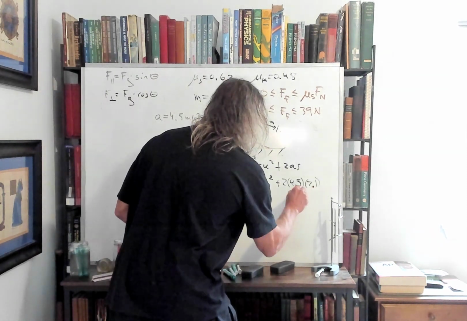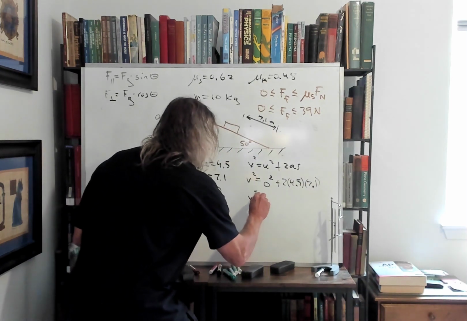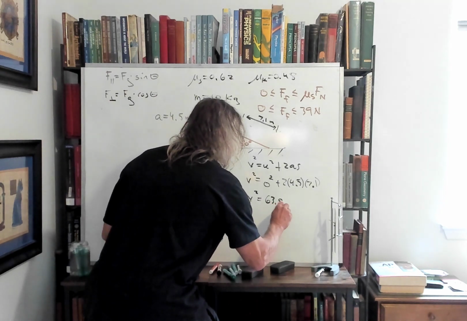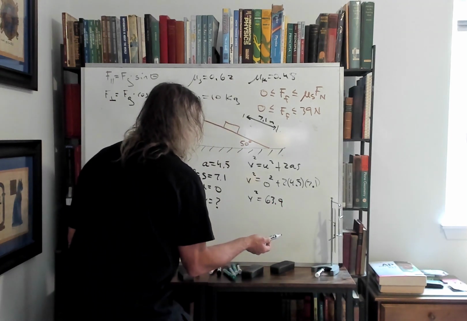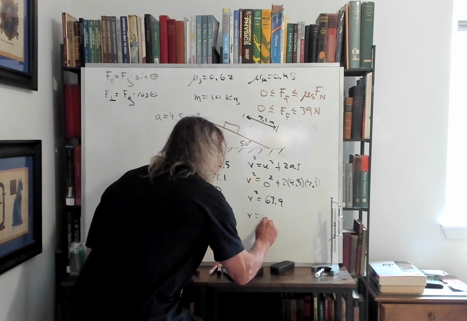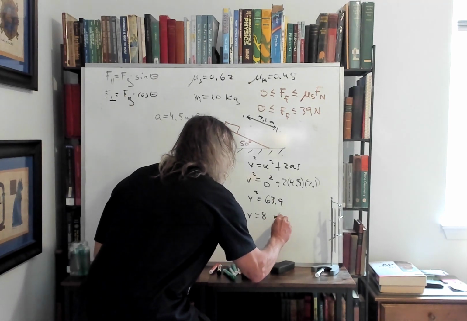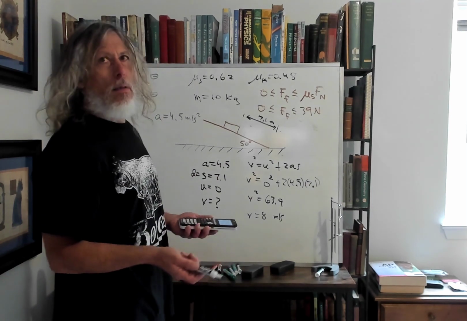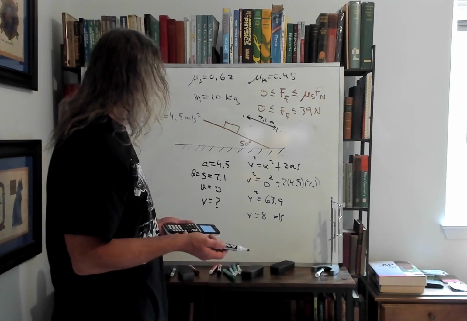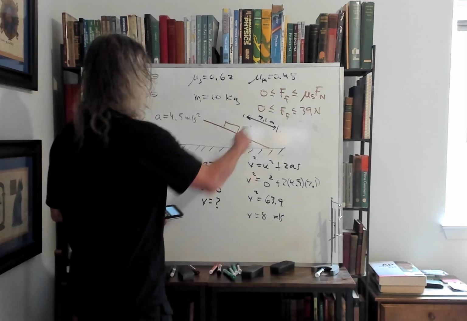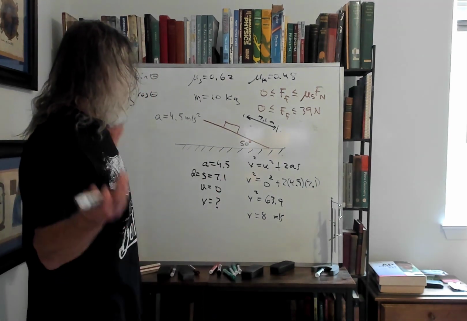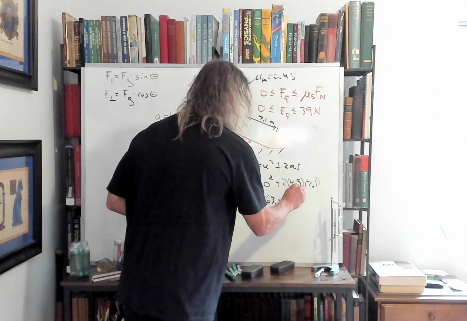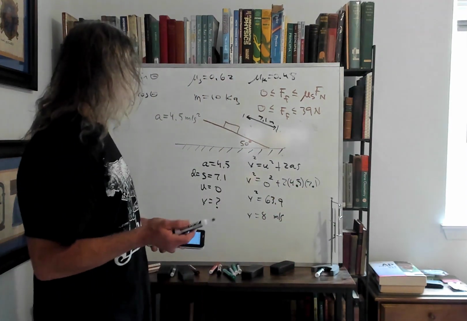So v squared is 63.9, pretty much close to 64. So v is 8 meters per second. Cool. I wish I could say I thought of that ahead of time so it would come out to be 8. And I picked this and this and this on purpose, but I didn't. It's just accidental coolness. 8 meters per second. Okay.